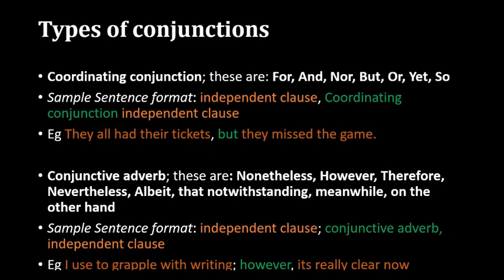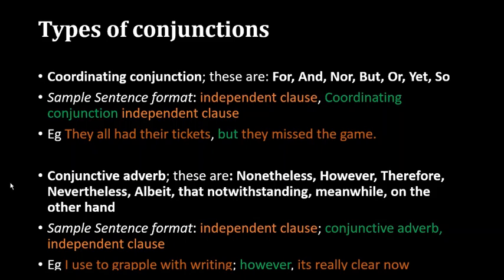These are nonetheless, however, therefore, nevertheless, albeit, that notwithstanding, meanwhile, on the other hand, and I think there are a couple of others also. If you master these, you can use them pretty easily in your writing task, both Task 1 and Task 2.